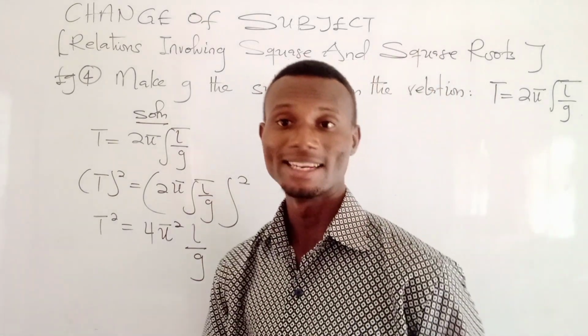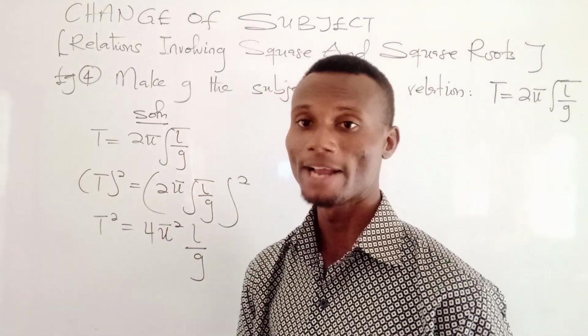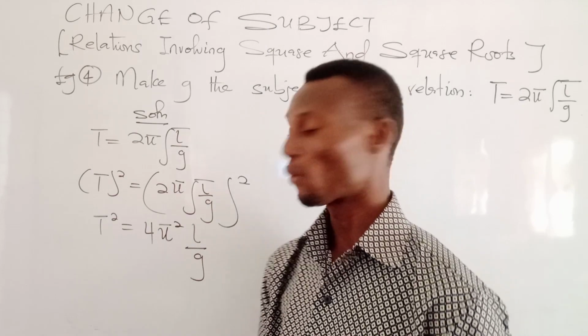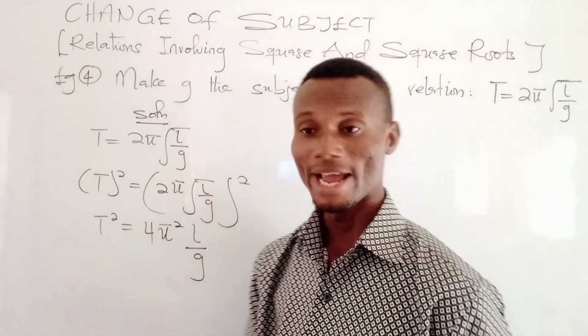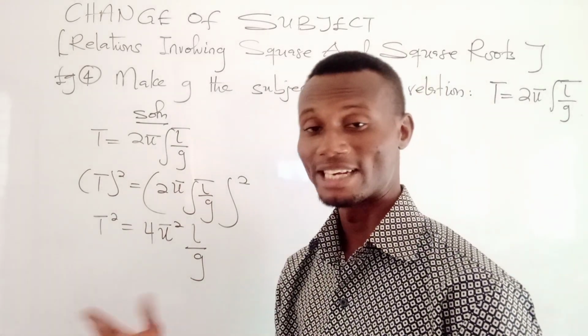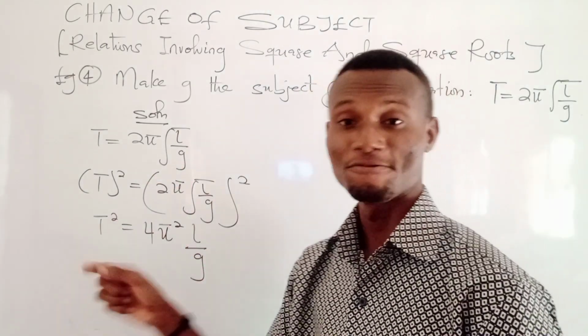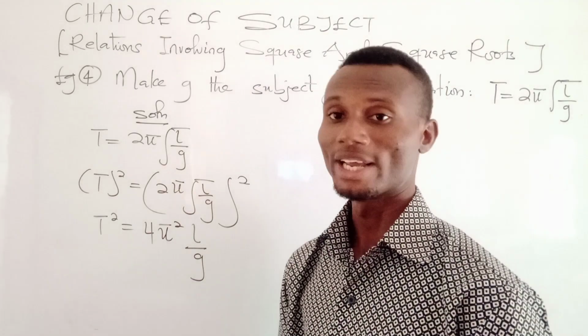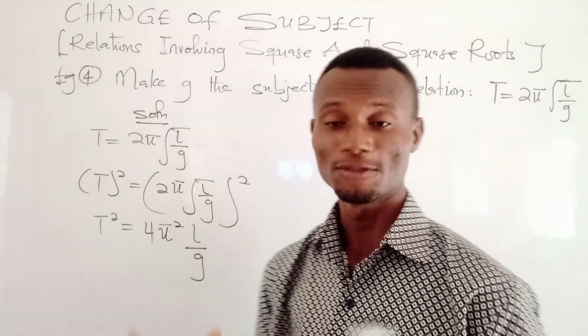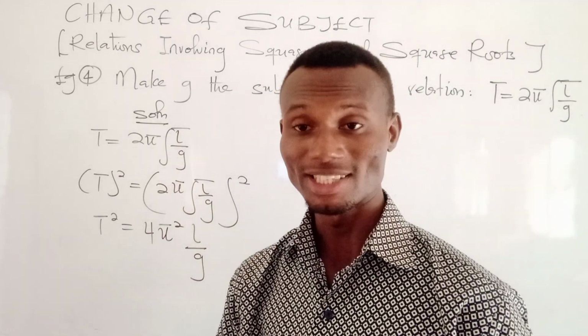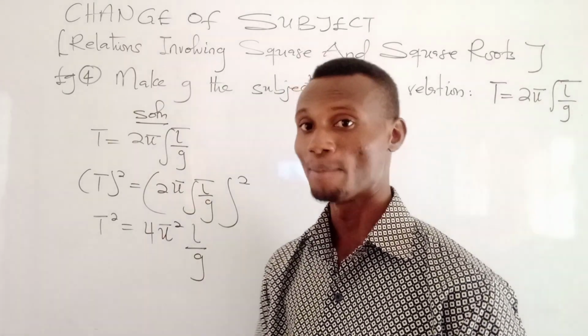We've done this under linear equation: how to find the LCM when the denominator of the fraction is a variable and not a number. I've taught you this under the linear equation, and we've done a lot of examples on it.